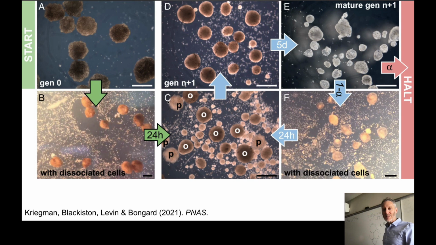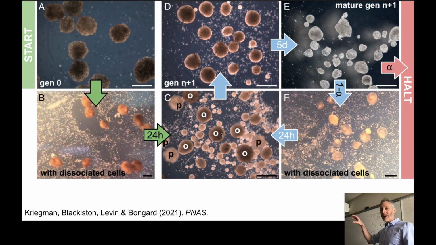In this particular experiment in panel C, you can see 6 O's here. These are about to become the 6 offspring Xenobots. You'll notice these are the bigger piles here. The 3 P's are the quote-unquote parent Xenobots.